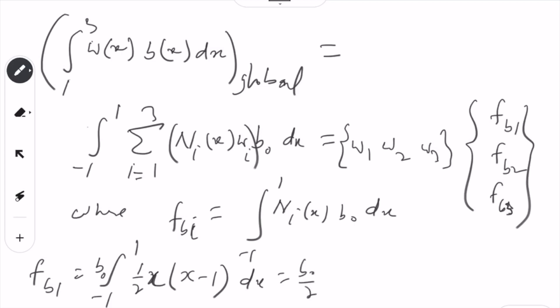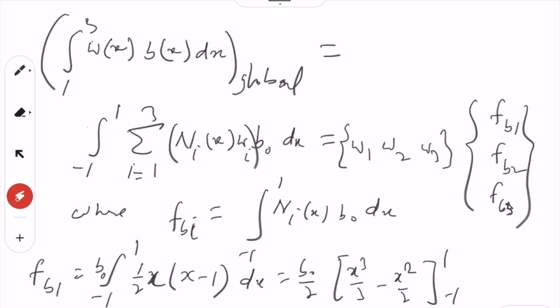Either we can use Gauss quadrature, or since we are working here analytically, we can integrate analytically. So this becomes x cube over 3 minus x square over 2, from minus 1 to 1.